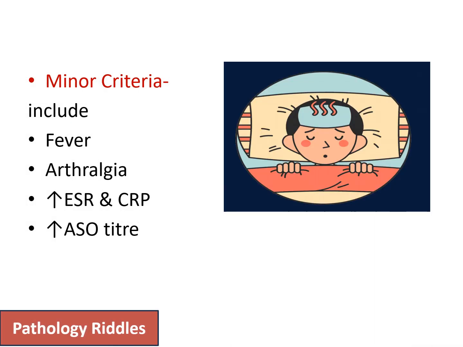The minor criteria include fever, arthralgia, increased ESR and CRP, that is increased erythrocyte sedimentation rate and C-reactive protein. These are basically markers of any kind of inflammation going on inside the body. And then there is an increase of ASO titer.